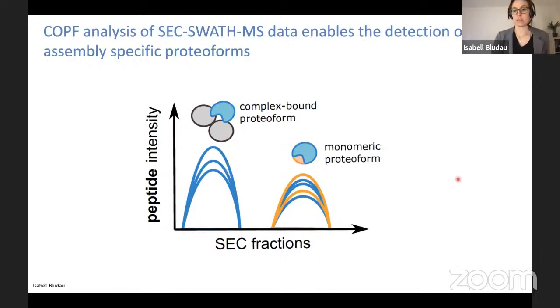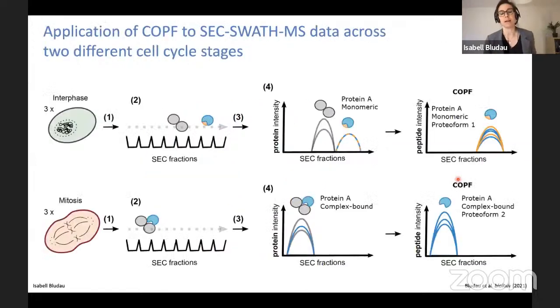So we applied this strategy of using the COPF approach for SEC-SWATH-MS data by using the data set that I briefly introduced before, where we looked at SEC-SWATH-MS data of interphase and mitosis cells. And here again, I can say that we could detect proteoforms that would be due to a difference in assembly state, or they could be, as here, actually a difference in assembly and in condition, or cell cycle specific.